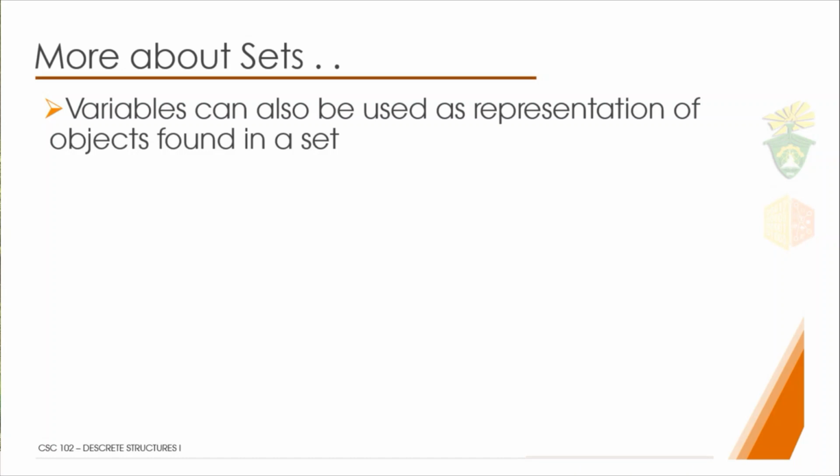So we can also use any variable that could represent any member of this set. For example, we want a variable to represent an element of the set. So we can choose any kind of variable. In this example, I just chose the x. So the x is now a variable that represents the member of the set alpha. It can be written as this. So the variable x is an element of alpha.